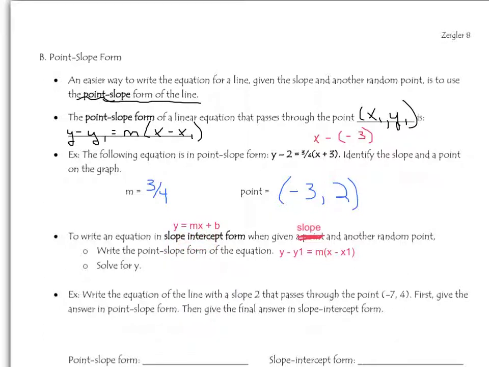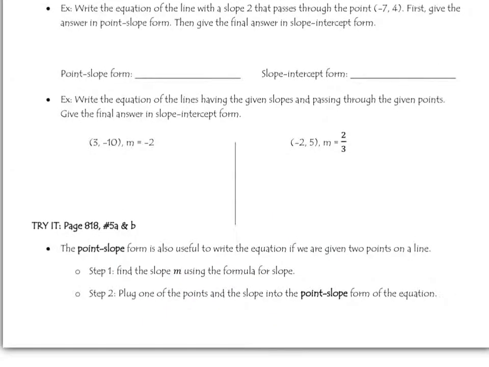Let's work an example. In the middle of page 8, write the equation of the line with a slope of 2 that passes through the point negative 7, 4. First give the answer in point-slope form, then give the final answer in slope-intercept form. So point-slope form is y minus y1 equals m times x minus x1.